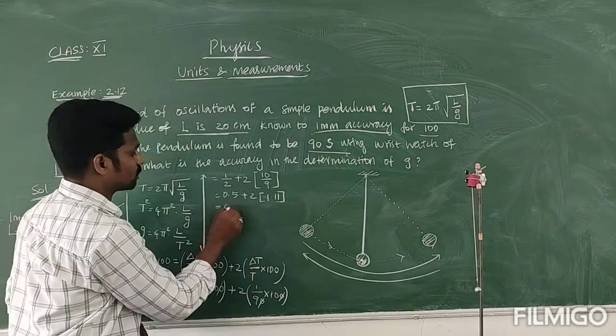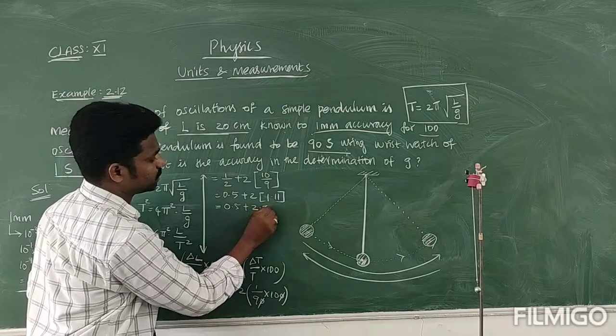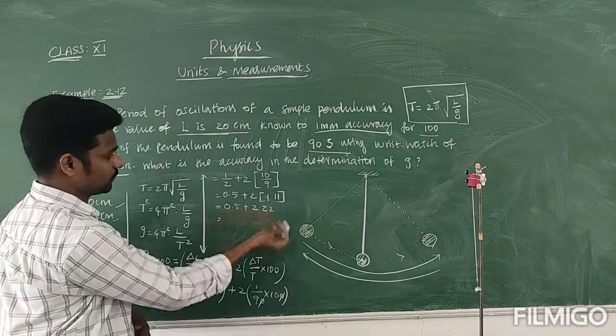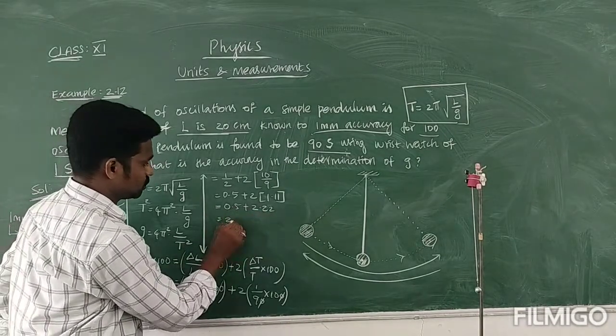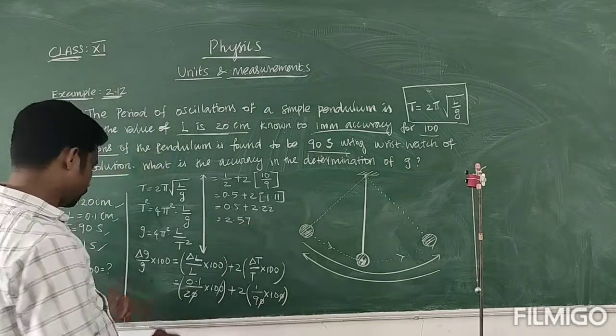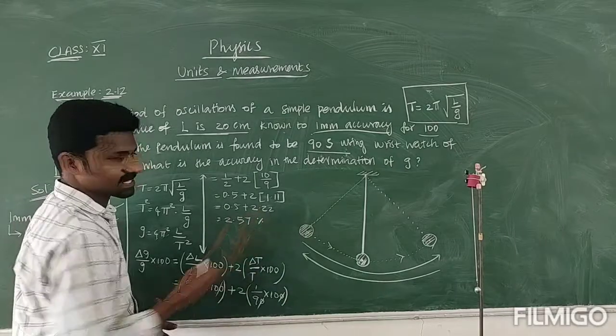Therefore 0.5 plus 2.22. Okay, so we can add these two, that is 2.72. So delta G divided by G into 100, actually this is in percentage.